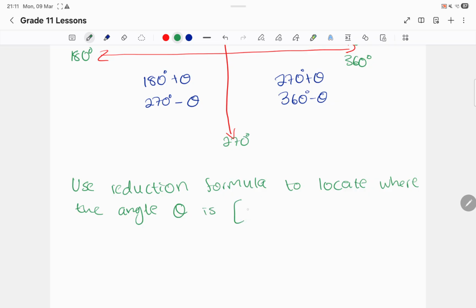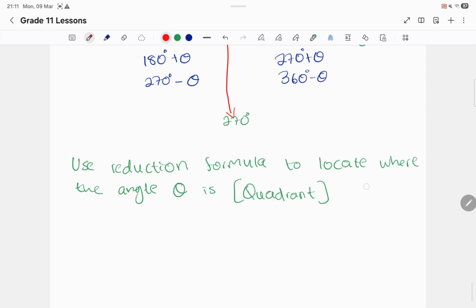So here we're trying to determine the quadrant. Let me remind you of the arguments that we have.